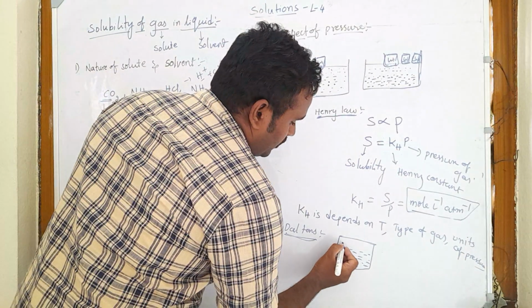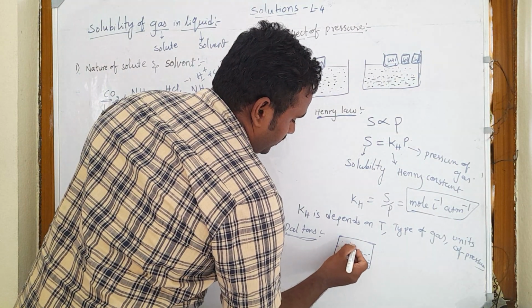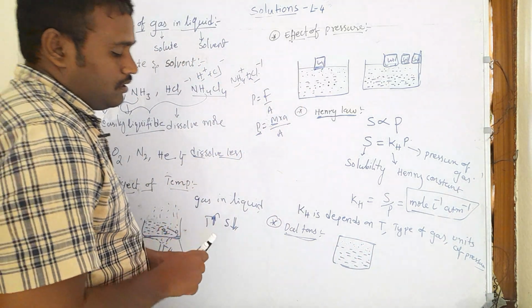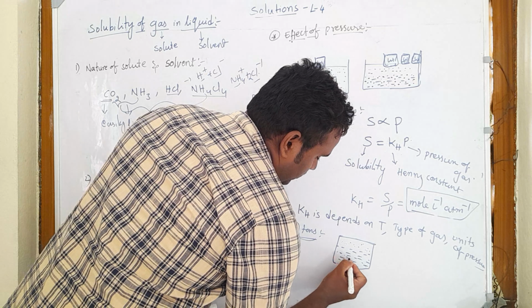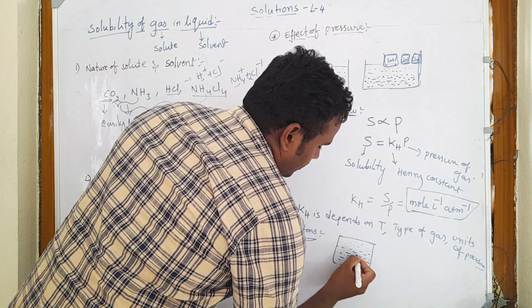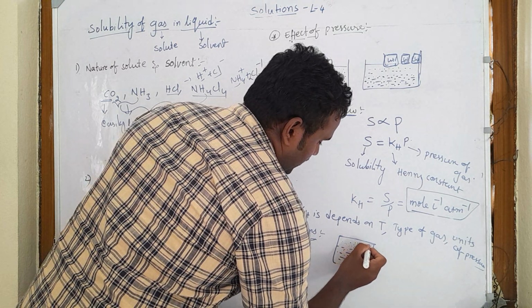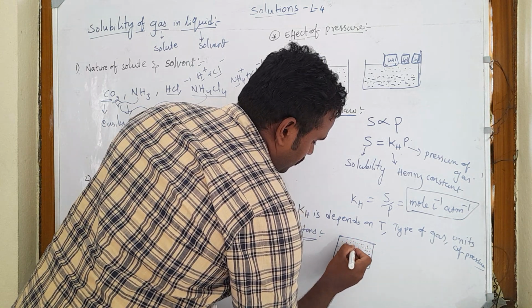Here the liquid is also going to evaporate and is converted into gas molecules, and already some gas is present inside the solution, and some gas particles are also present over here.